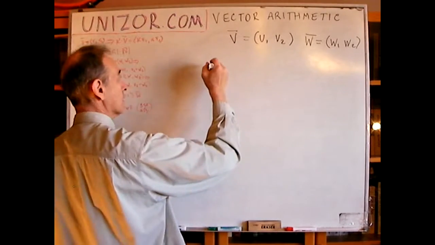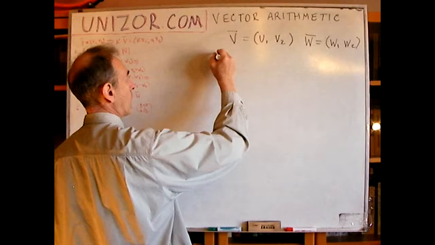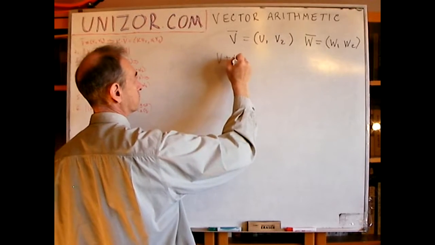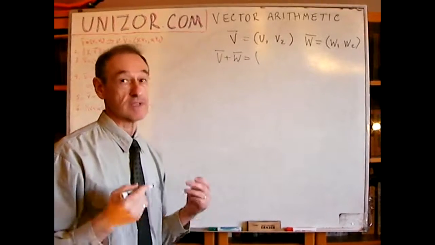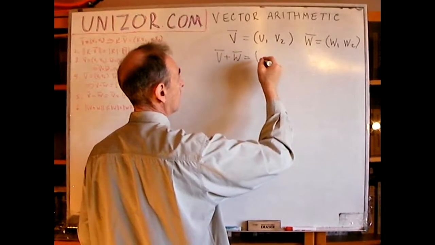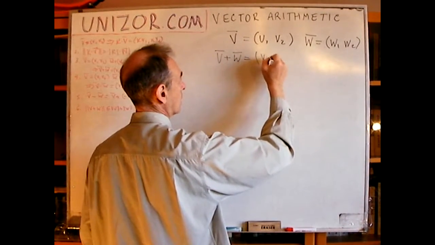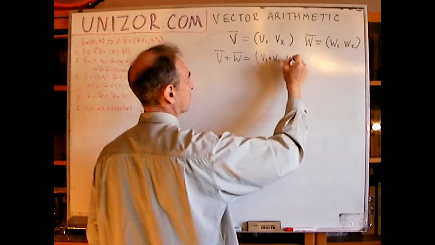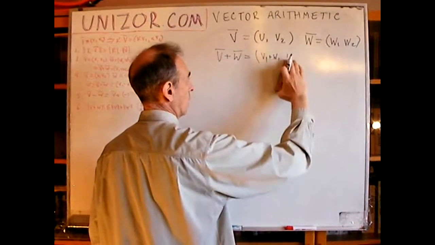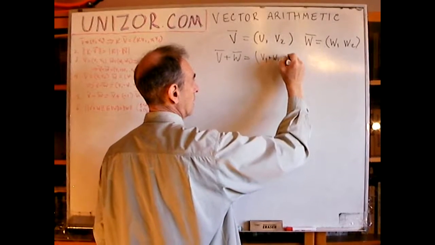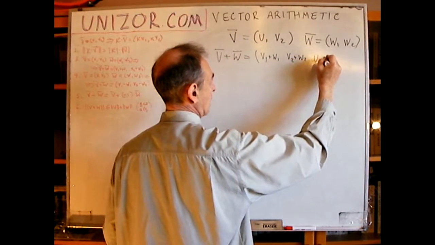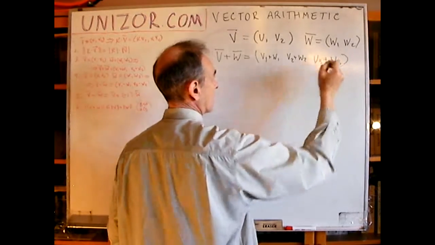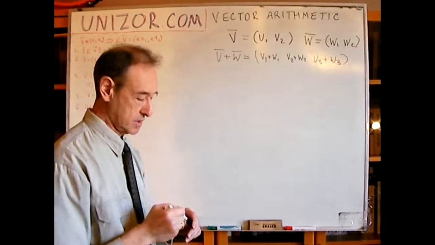Okay, let's just write the answer. The tuple representation of the sum of two vectors is the sum of the corresponding coordinates.